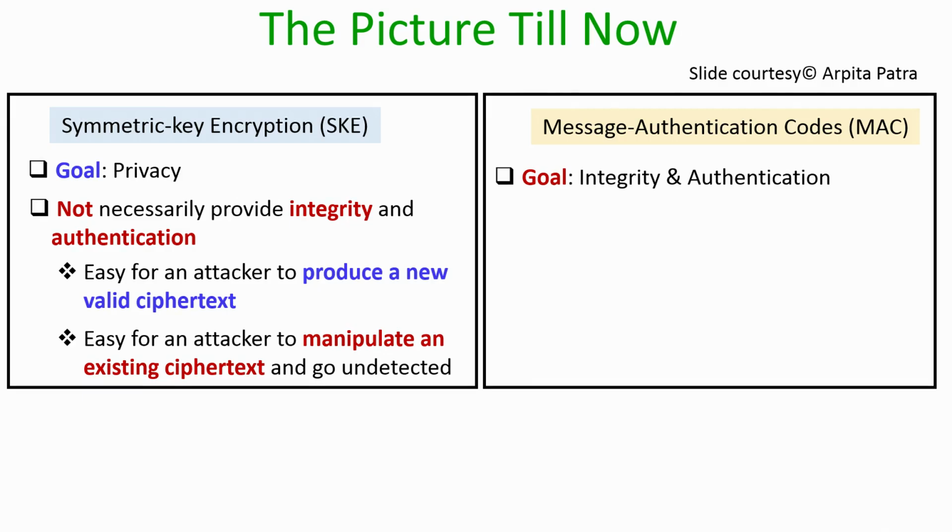Also, it is easy for an attacker to manipulate an existing ciphertext and go undetected. That means the symmetric key encryptions we have discussed till now just help us solve the problem of privacy.